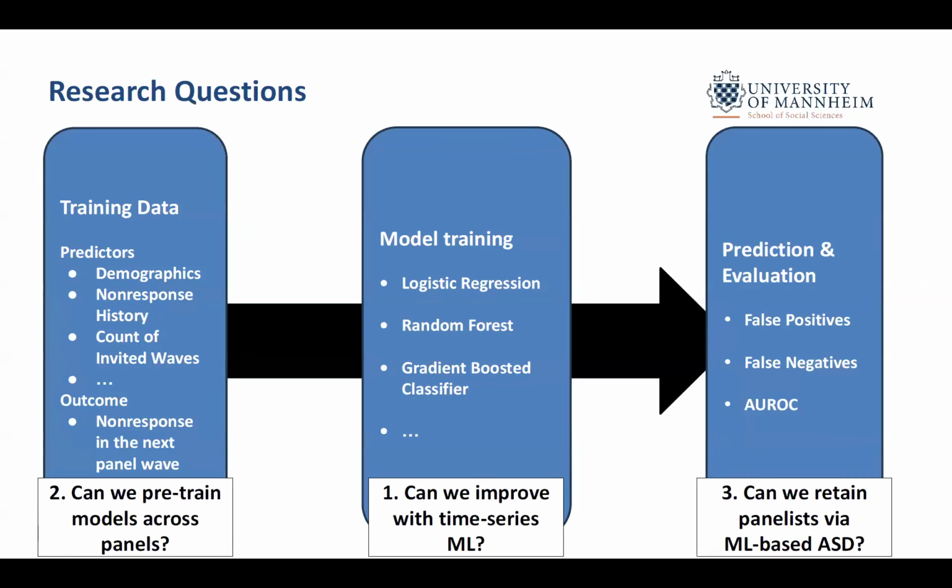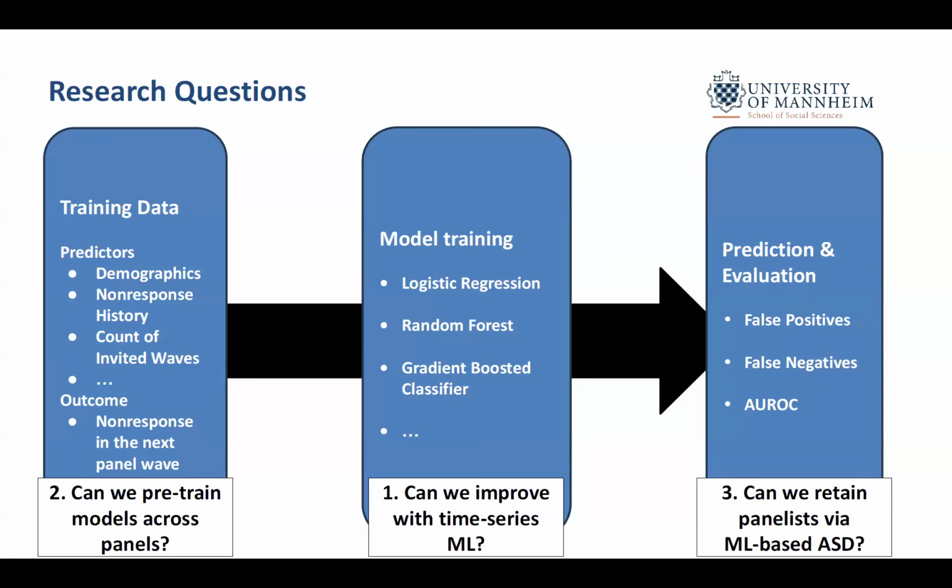This being said, in the following, we want to look at three extensions to this standard approach. The first extension is the one in the middle, where we ask how we can improve by using novel ML approaches for non-response prediction. That will be the first section after this intro.